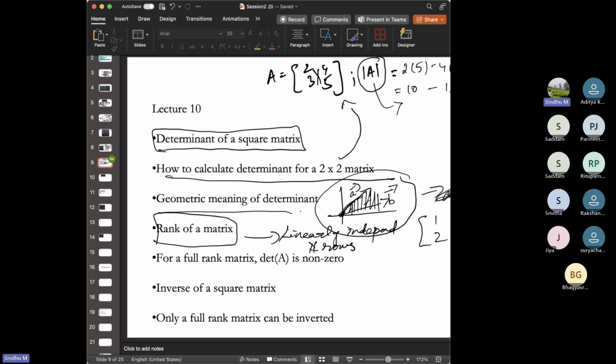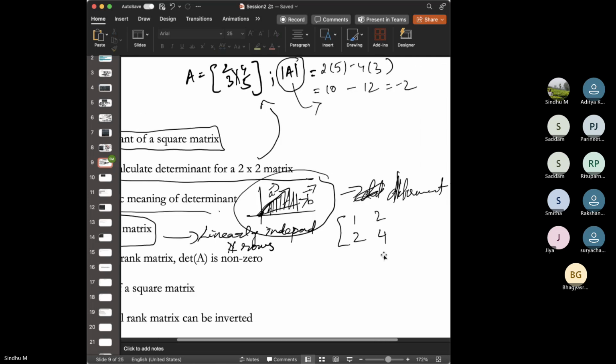Here we say that these two columns are linearly dependent because if you multiply the first column by 2, then you get the second column. So the rank for this will be 1.